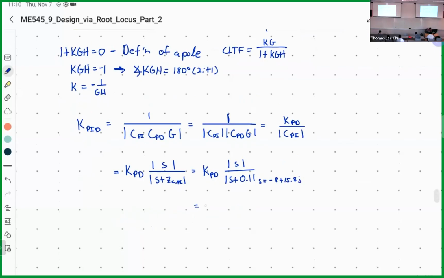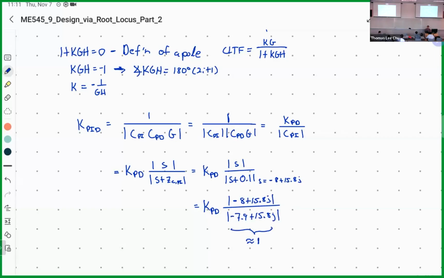Then we get KPD divided by the absolute value of -8 plus 15.8j, and then -7.9 plus 15.8j. And this value here is roughly equal to 1.